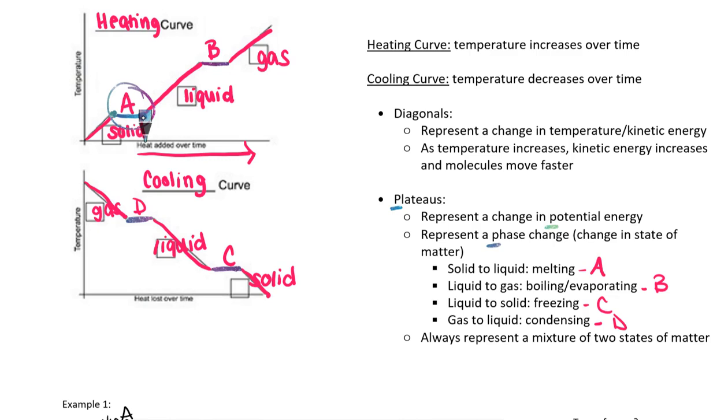But when we are in the middle of this segment, we are going to have a mix of both solid and liquid. Think about when an ice cube melts. During that process of melting, you have a mixture of both solid ice and liquid water. So that plateau is representing that mixture of those 2 states of matter.